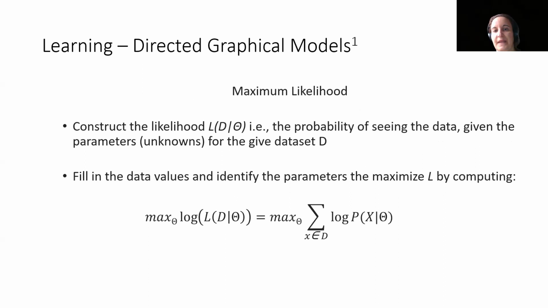Okay, so for the first one, the parameter learning, we have to remember a little bit of the previous talk. We discussed that in graphical models, we have models where all the variables are observed. That means we can observe them, we can see values of them.